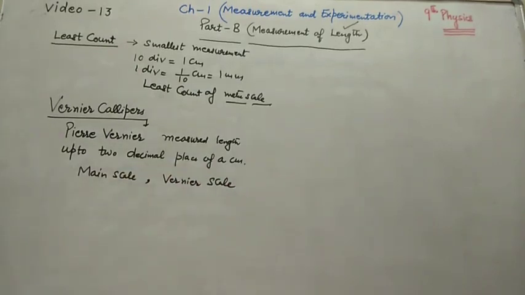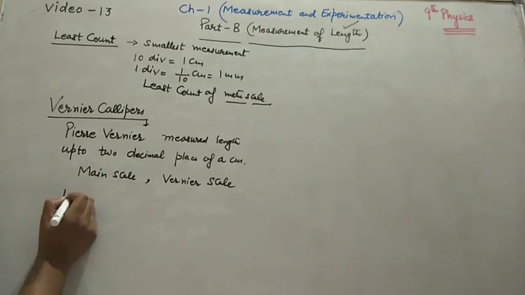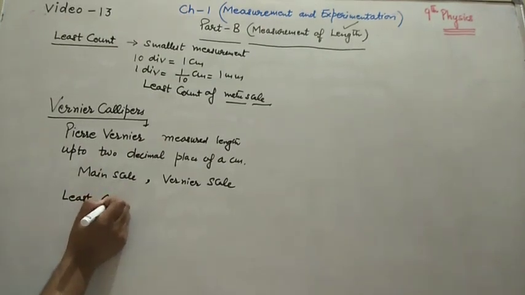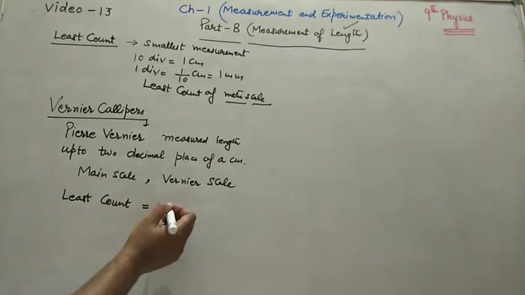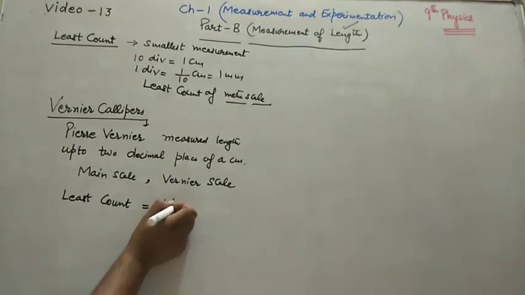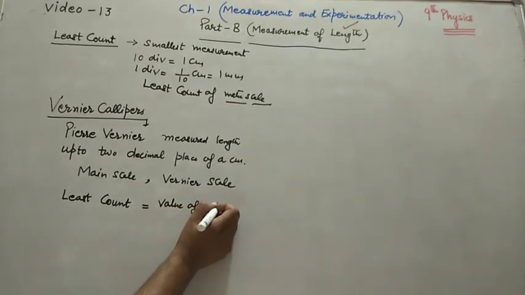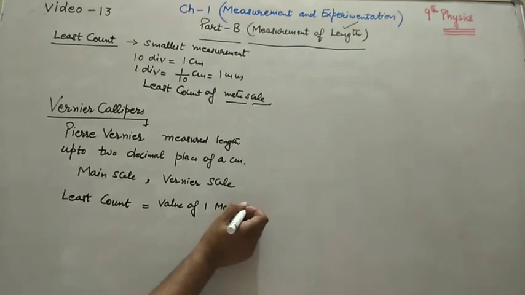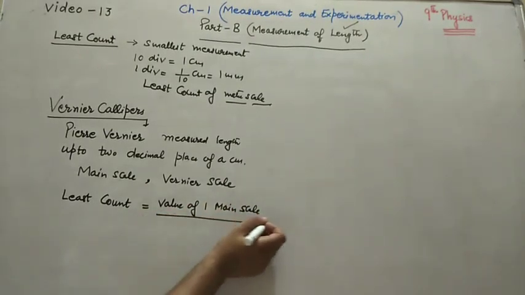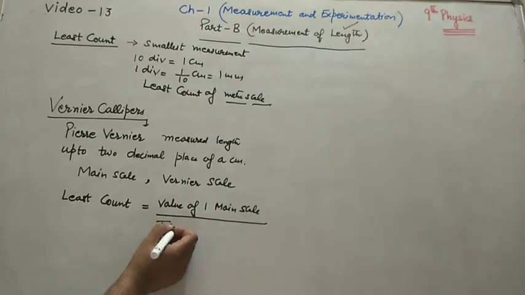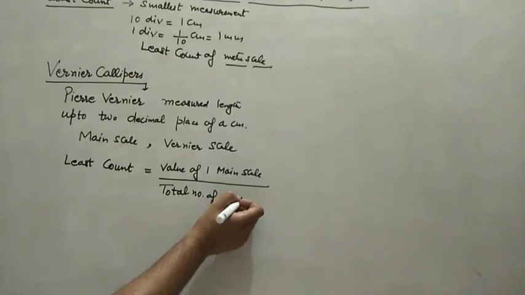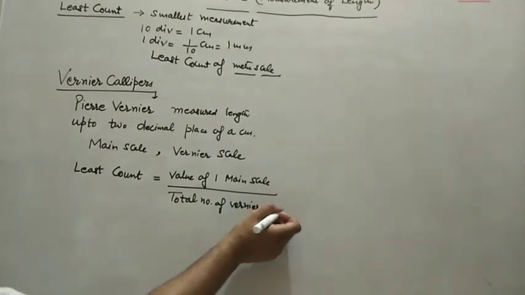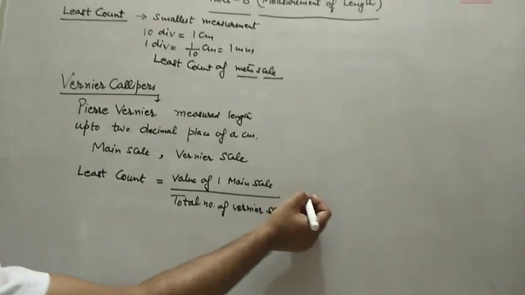And one formula that you have to learn: least count is equal to the value of one main scale division divided by the total number of vernier scale divisions.